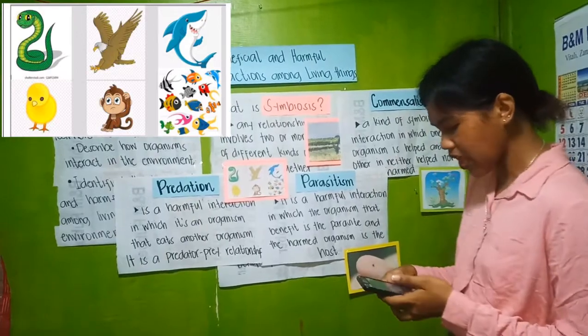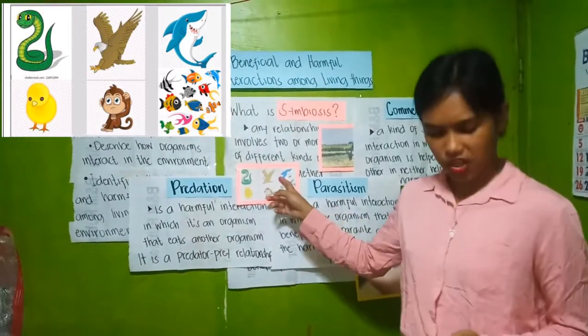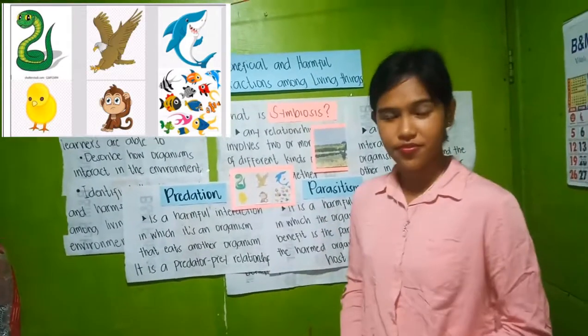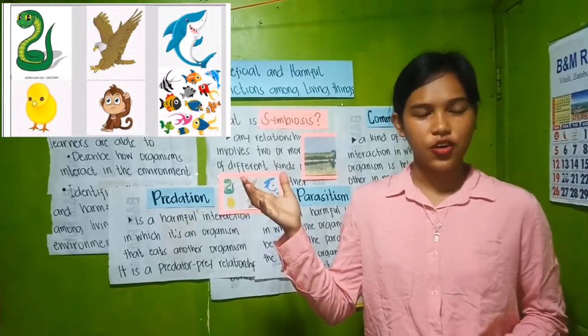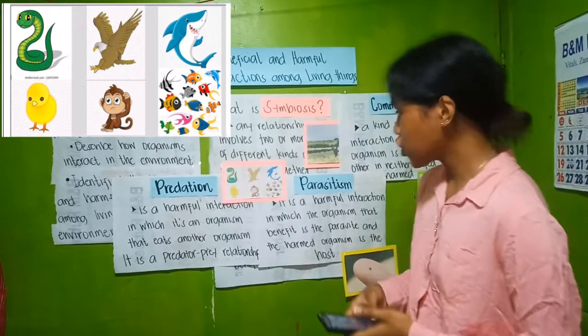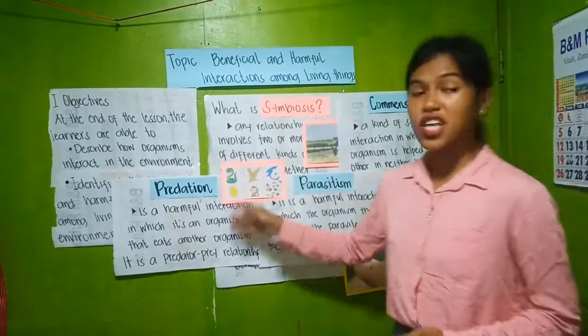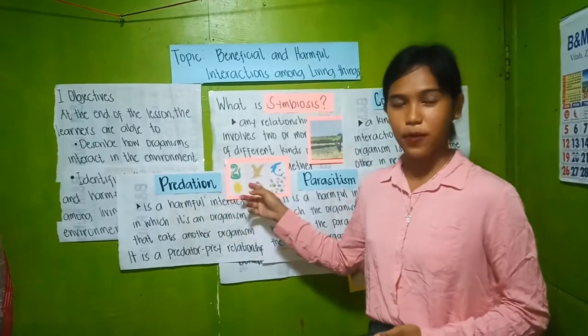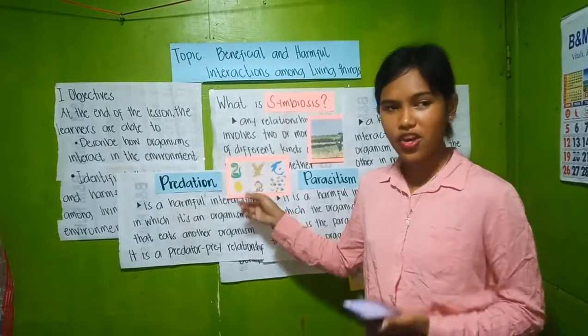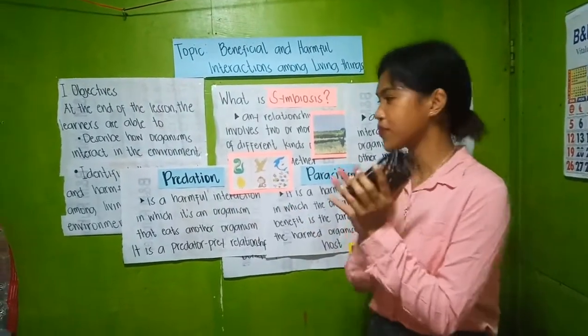So, is there an example that belongs to predation? Anyone from the class? Okay. So, is it understood, the meaning of predation and its example? Okay, very good. Let's have a barangay clap.